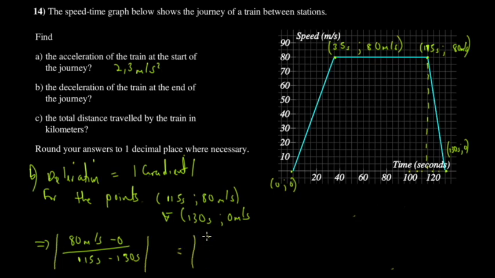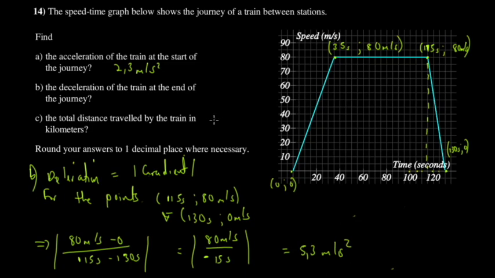So the magnitude would be 80 meters per second divided by 15 seconds. One would actually get negative 15, it's still fine, you can carry on with the negative. So 80 divided by 15, you get 5.3. Magnitude simply means take the positive, so it would be 5.3 meters per second squared.